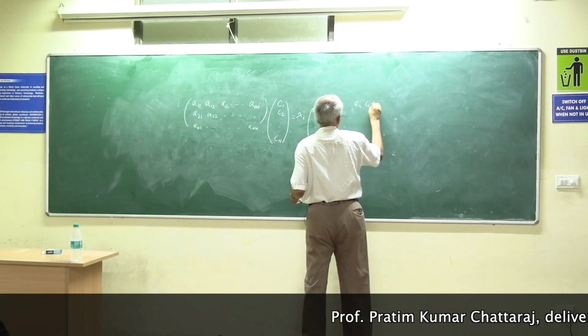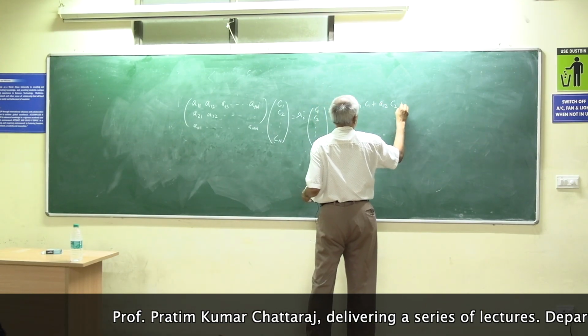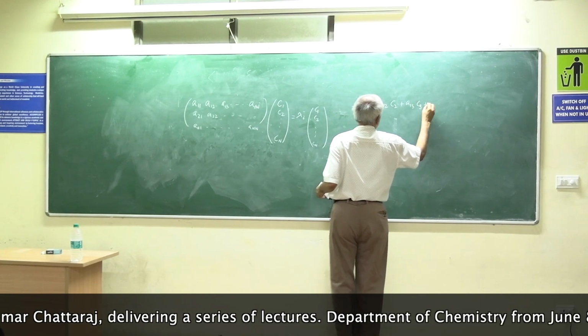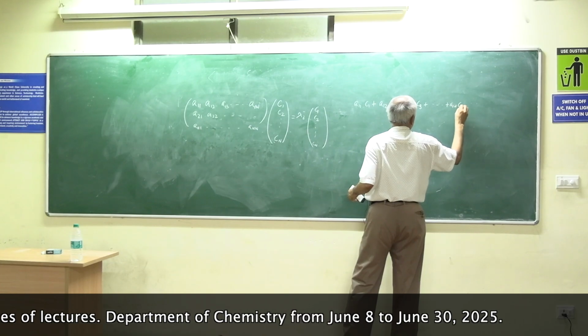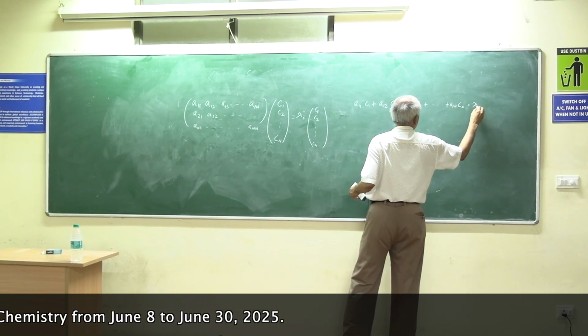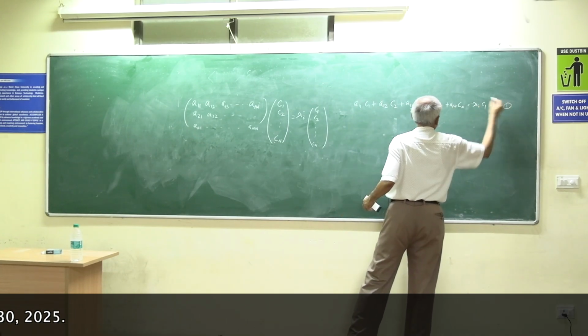You get A11 C1 plus A12 C2 plus A13 C3 up to A1n Cn is lambda_i C1. This is equation 1.